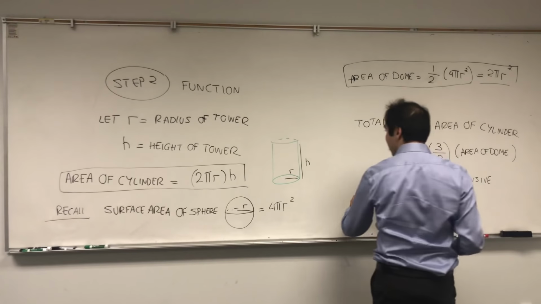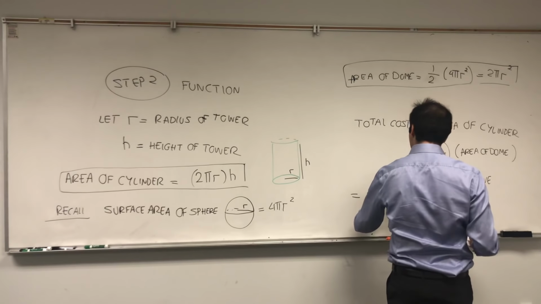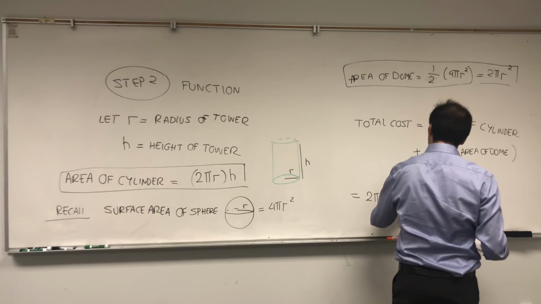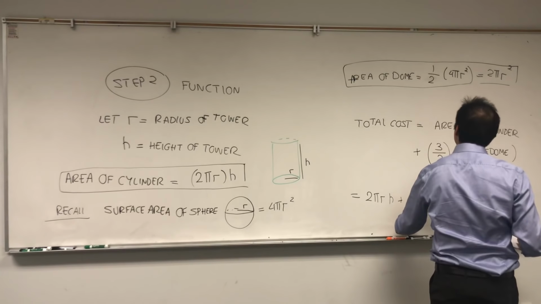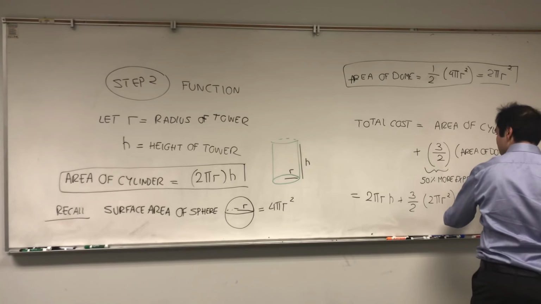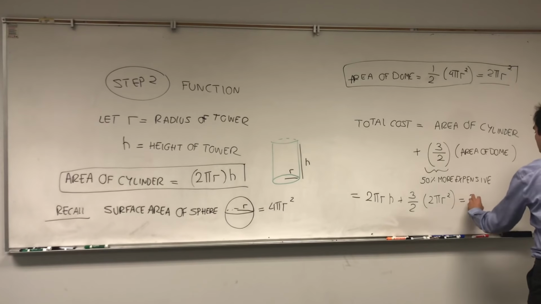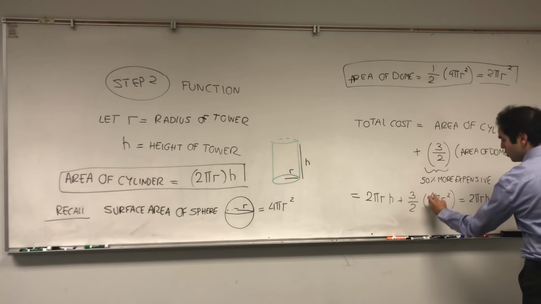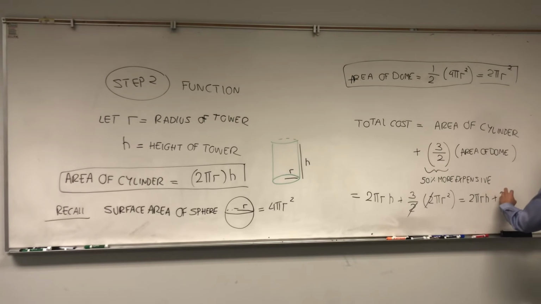So what this becomes is 2 pi r h plus 3/2 times 2 pi r squared, which becomes 2 pi r h plus, you see the 2's cancel out, and you get 3 pi r squared.